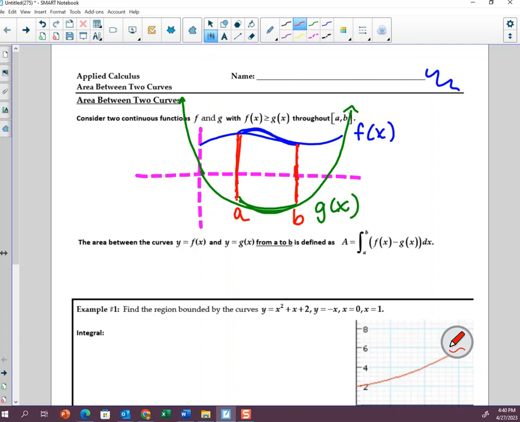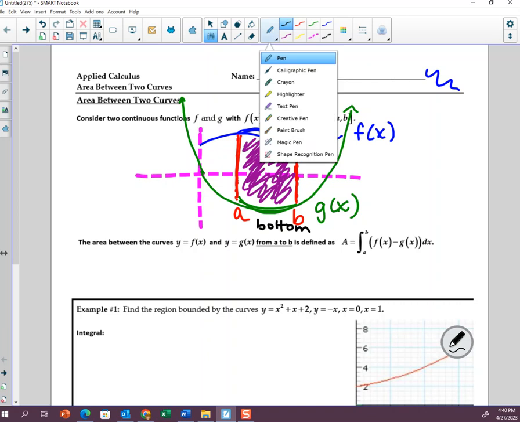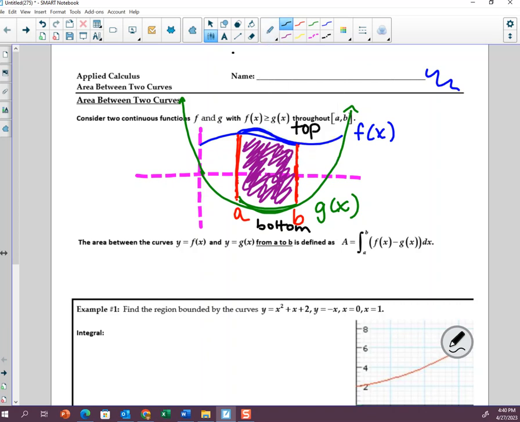And if I want to calculate the area sandwiched between two curves, for a region where the f function, or one of the functions, is always above the other, so we have a top function and we have a bottom function. If you imagine yourself standing, oops, I have a little eraser here, make a little space for you.